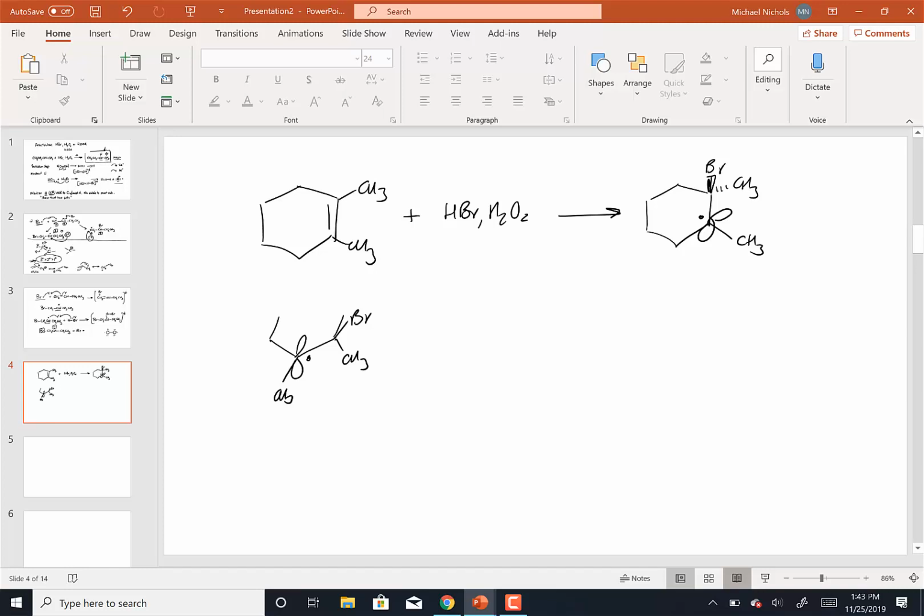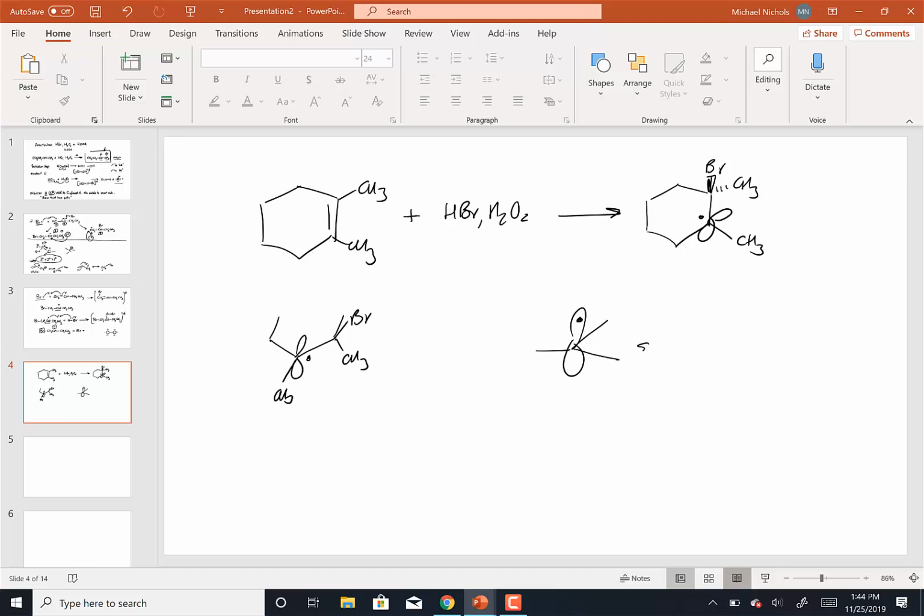The radical's now going to go grab a hydrogen. But my question would be, is the hydrogen going to add to the top, or is it add to the bottom, or is it going to add 50-50? So a radical looks like that.